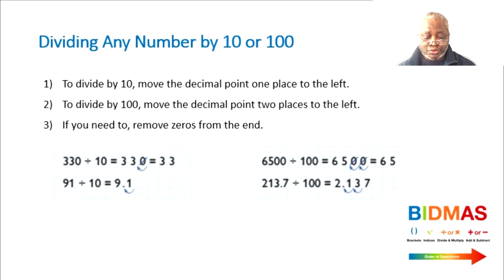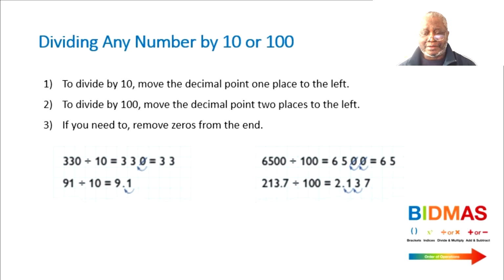The same principle, 213.7 divided by 100. Now in this case, the decimal point is between 3 and 7. If you move it 2 places to the left, then it will end up between 2 and 1. And your answer will become 2.137. Do you observe we now have 3 decimal places?